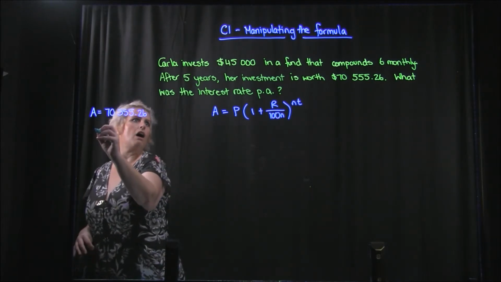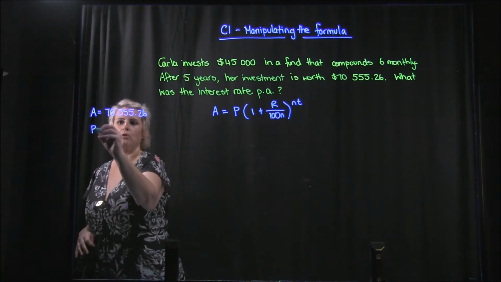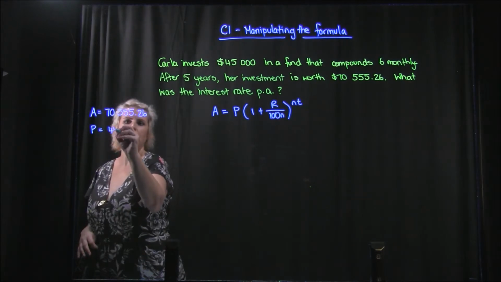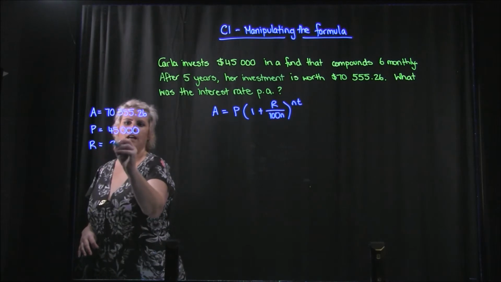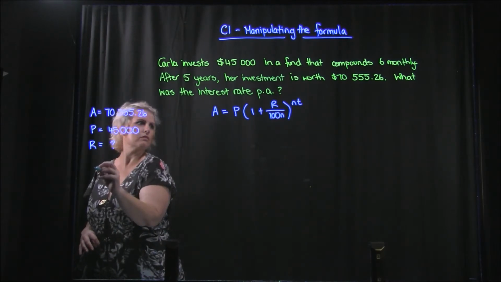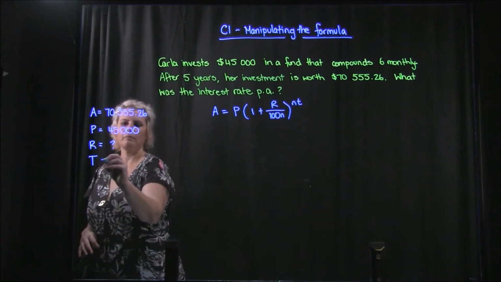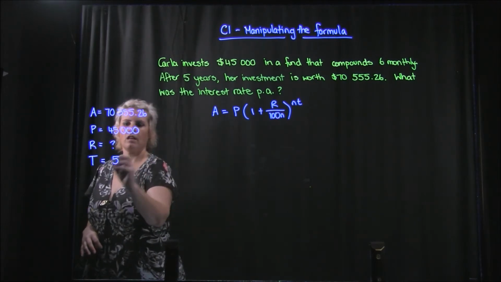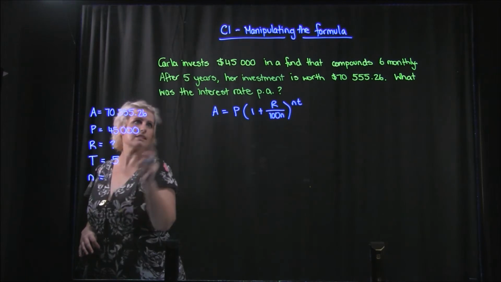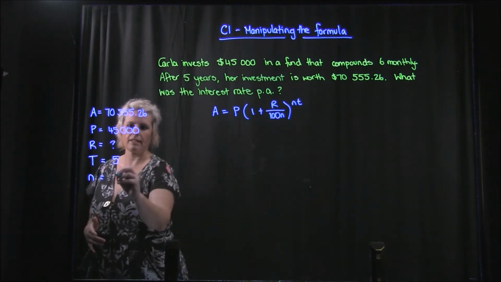Our principal, the original amount she invested, $45,000. Our rate is unknown. Our time is 5 years. And our compounding is 6 monthly, so that means twice a year.